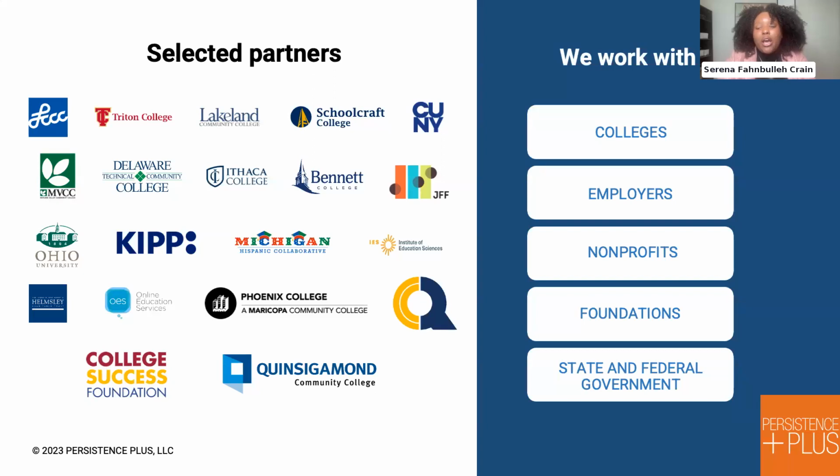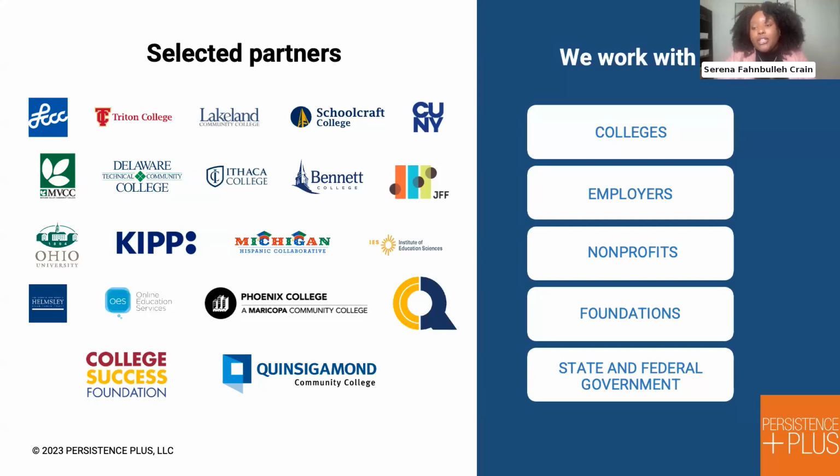And we've refined our support over the years by working with a variety of partners. We have a sampling of our partners on your screen right now. We've worked with four-year colleges like Ohio University, Bennett College, Ithaca College, had the opportunity to work with college systems like CUNY, community colleges like our longtime partner, Lorain County, Mesa Community College as well.